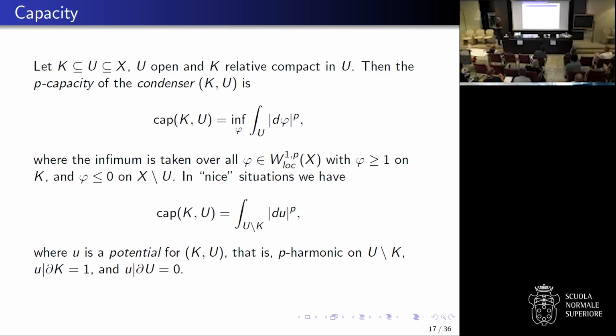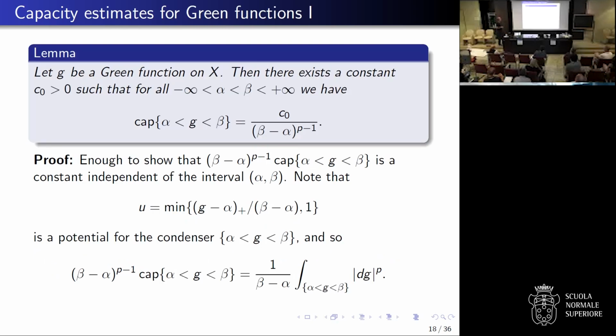And we will use it in combination with the following lemma. If you have a green function, unbounded of course, with a pole at x naught, then look at the condenser that you get from two levels of the function. Let me draw a picture of what I mean by this condenser. We have our pole here, and you should think of the function going to plus infinity in a continuous way as you approach this pole.